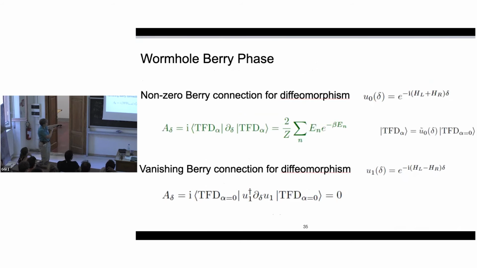For the case on the left, we get a non-zero Berry connection just by inserting the expression for the TFD state. For the other case, remember that time goes up on one side and down on the other. It's a symmetry, and then this Berry connection actually just vanishes. So for this transformation here, we actually get a non-vanishing connection.